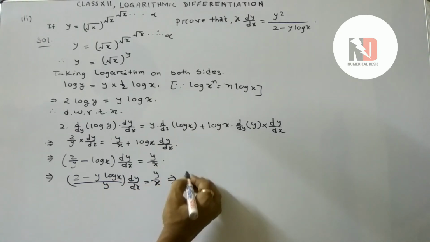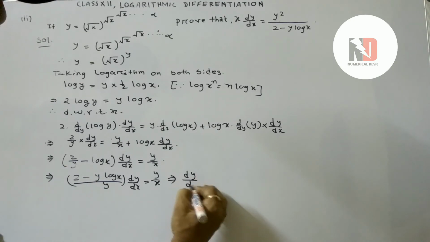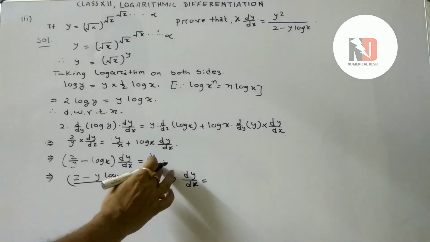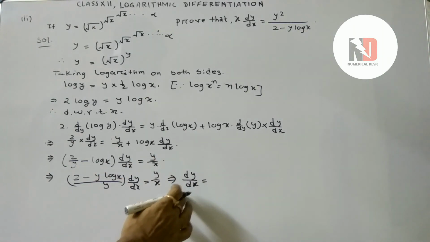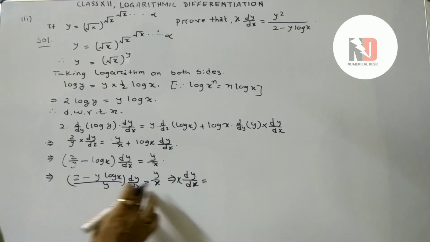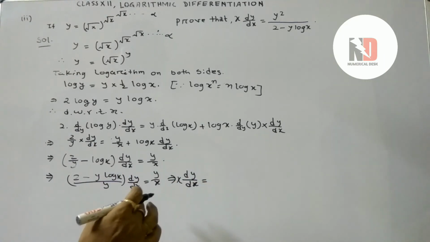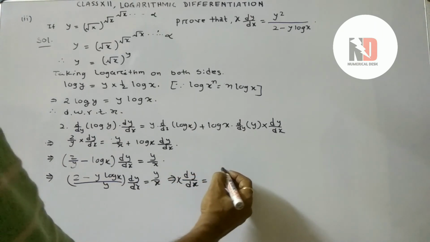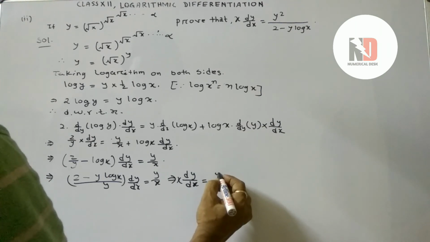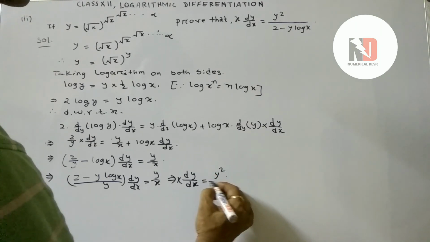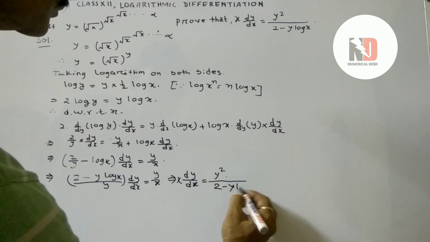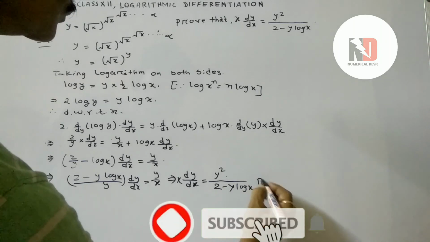But now this implies dy by dx is equal to, the answer follows, see the proof. So dy by dx, the answer you follow directly. No need to elaborate the sum much more, because these are the final steps. We got it. So not a difficult sum.